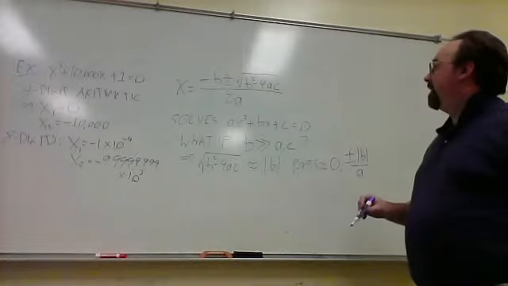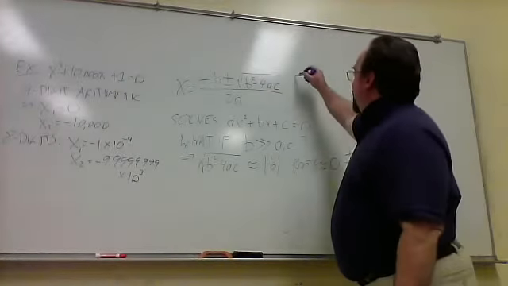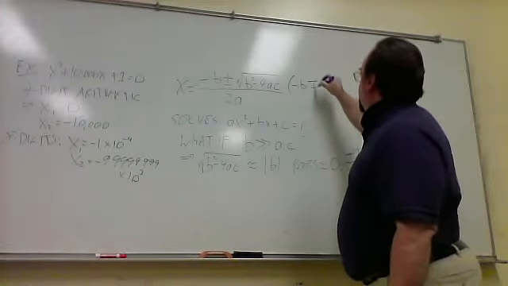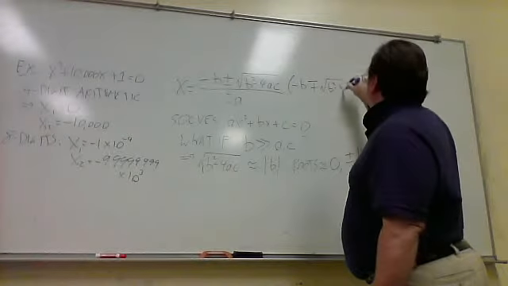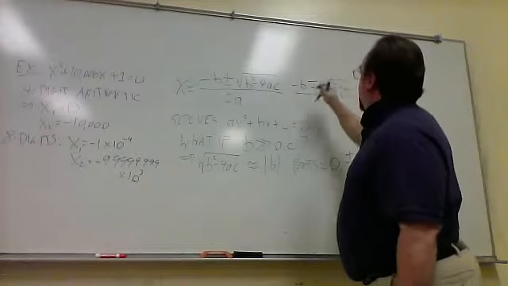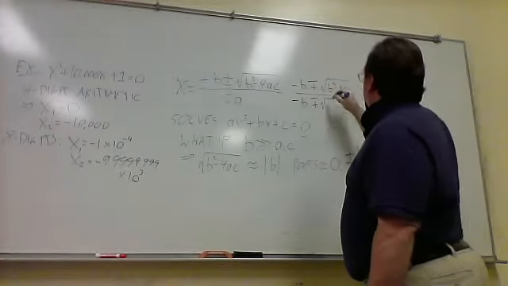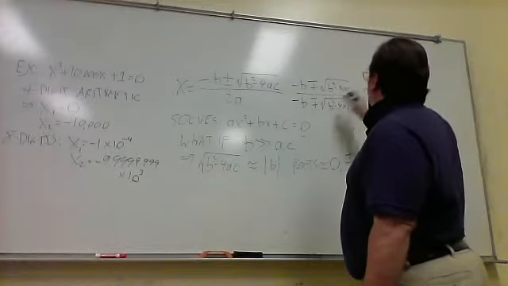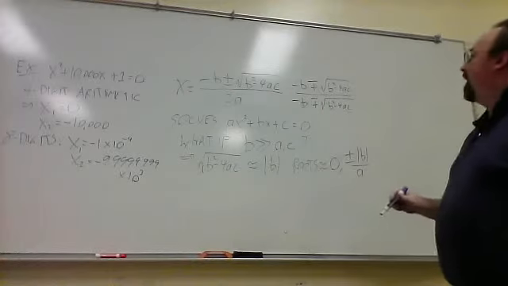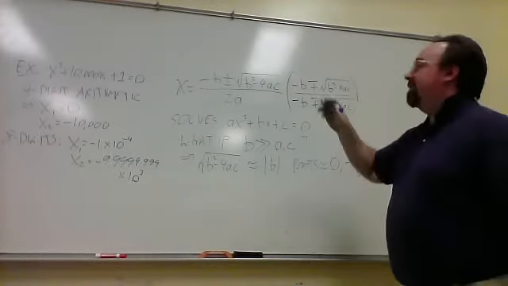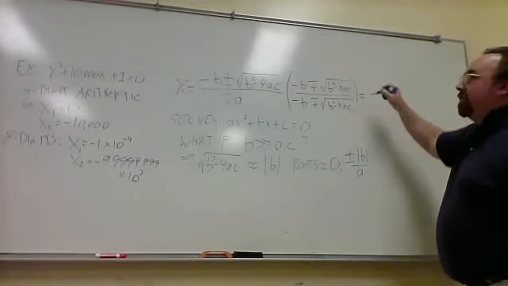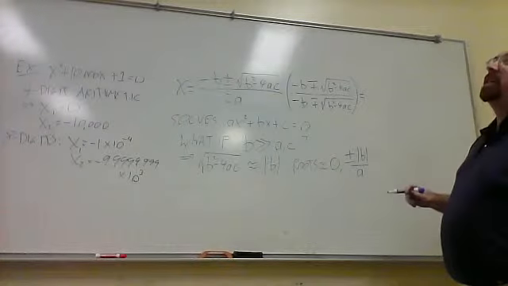So here's what we do: if we multiply and divide by the conjugate, minus b minus plus, and I write minus plus so that we have a plus here, we have a minus here, we have a plus here. So we go ahead and multiply and divide by that, and then we simplify as much as we can, and what we get is the other quadratic formula.